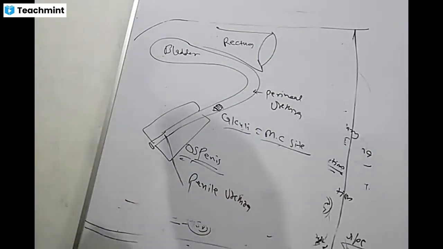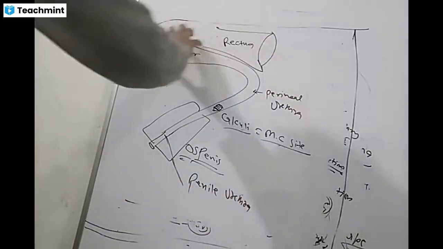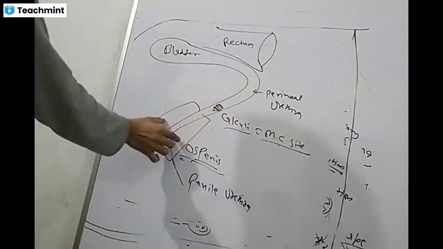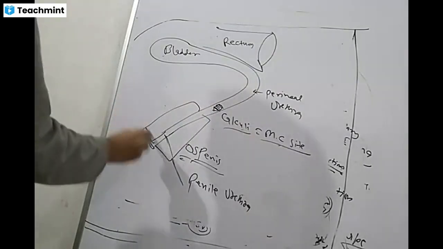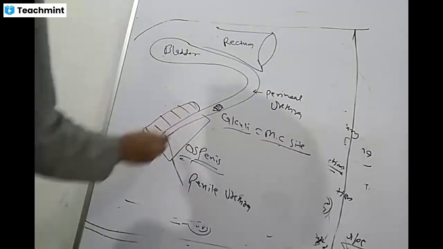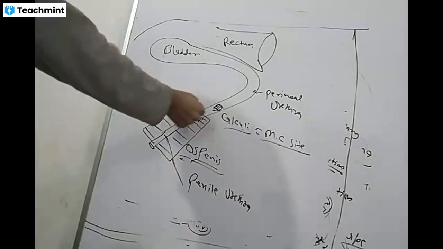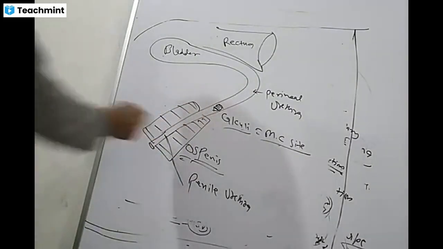This is the opening. So rectum, bladder, perineal urethra, and this is the os penis. This is the os penis bone, and this part of urethra is penile urethra.